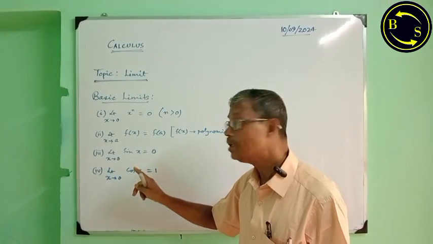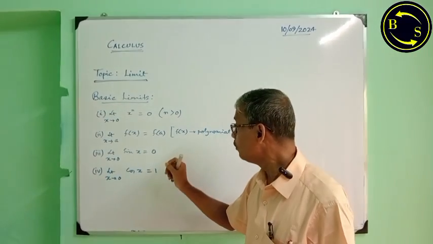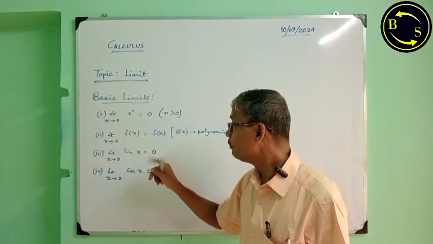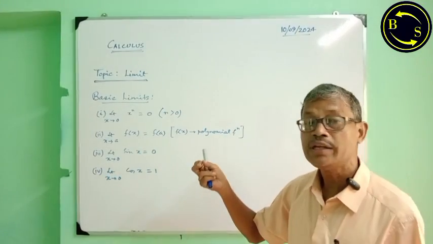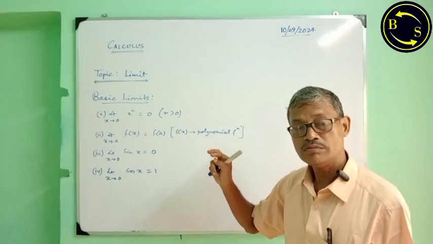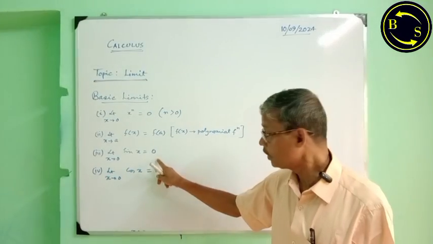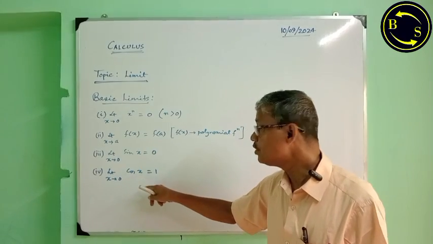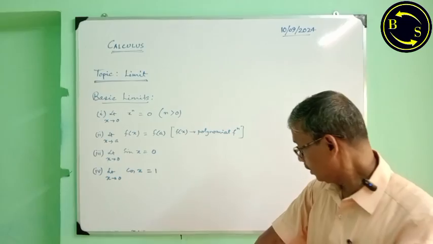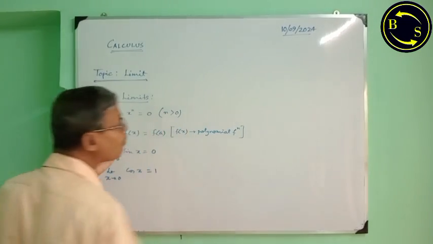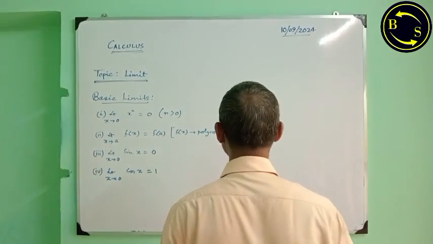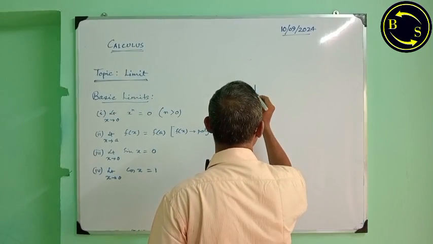We have the value sin 0 equal to 0 and values of sin x when x is near to 0 is taken to be 0. Then limit x tends to 0, cos x equal to 1. These are the basic limits. We can use these easily when we need.